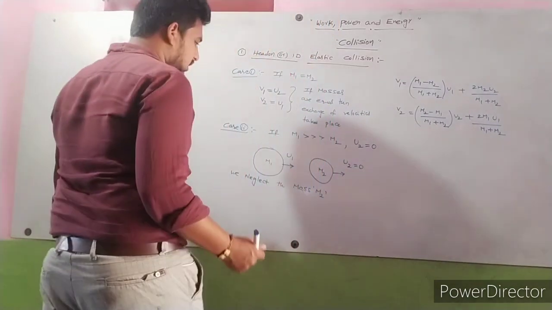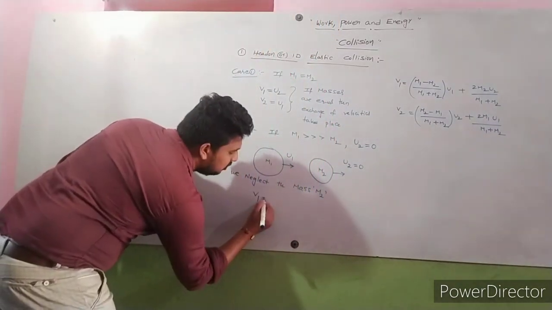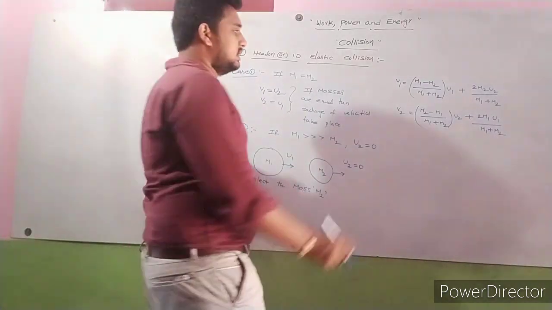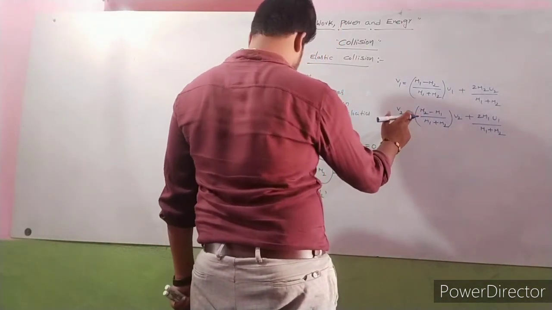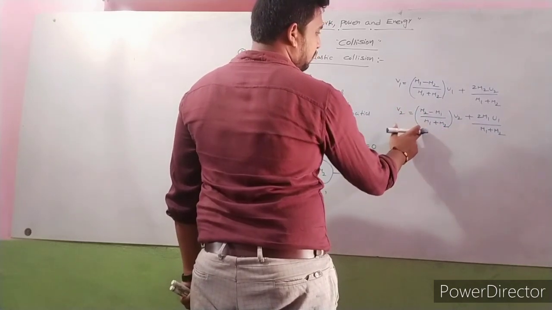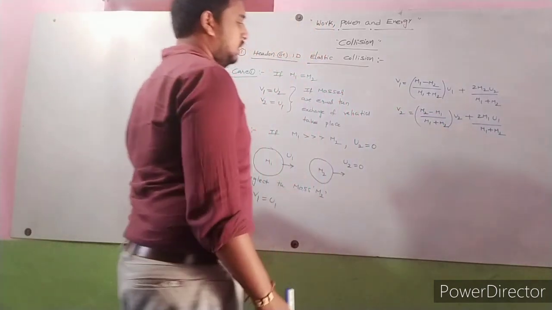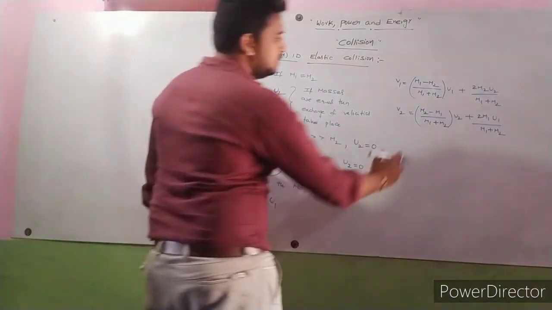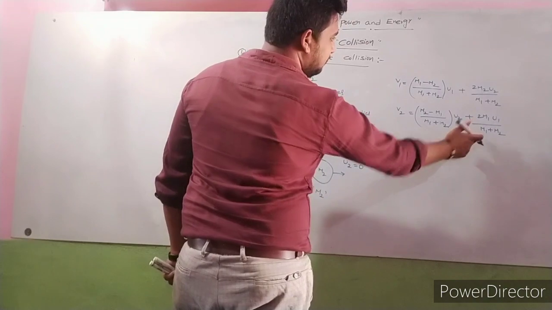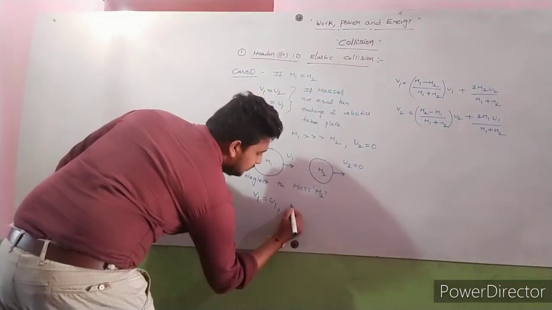So we got v1 is equal to u1. Next, from the other equation, neglecting m2 and minus u2, the u2 value is 0, m1 cancels, and v2 is equal to u1.